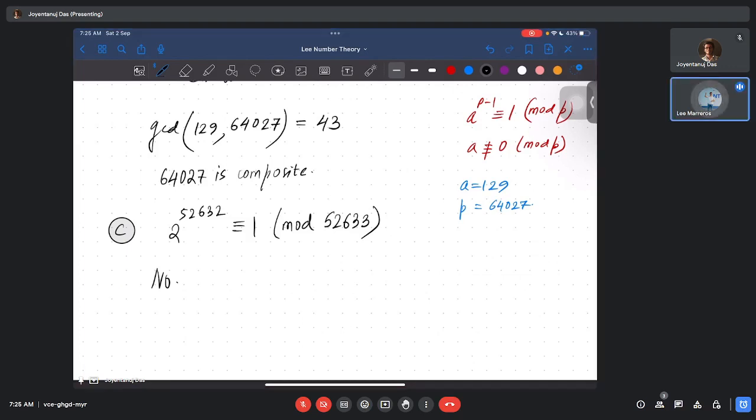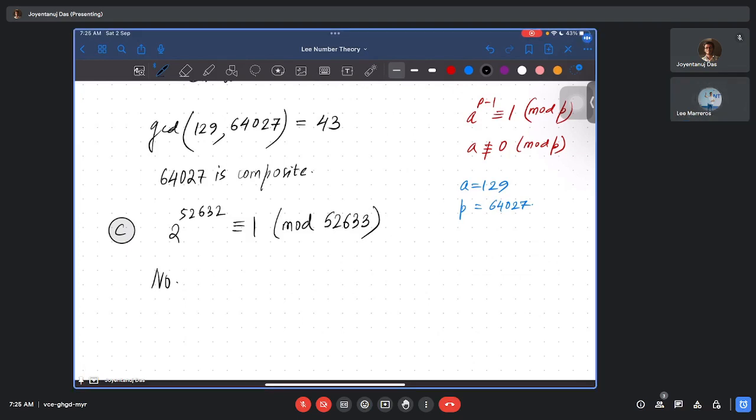So you're saying this is only to find out whether a number is composite or not? Yes. So the contradiction is for composite, right? But we cannot say it is prime, because Fermat's theorem is only one direction. It does not give the opposite direction.